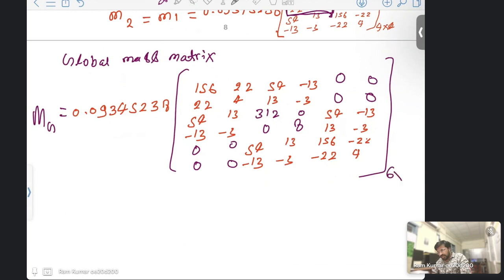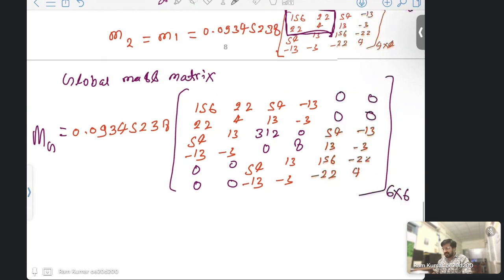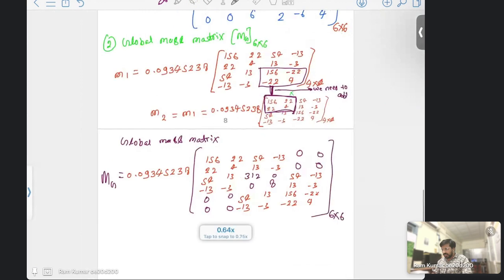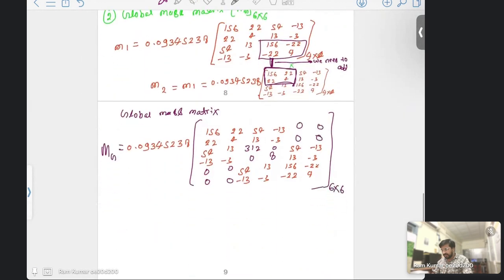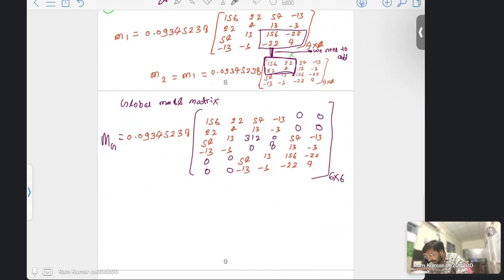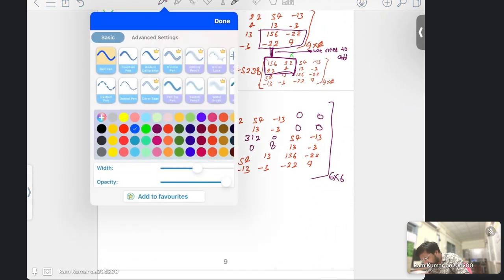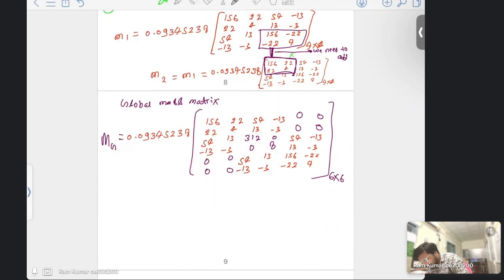It will be 6 cross 6. So you can just verify once that you are getting the same thing. And this one we have to come here.